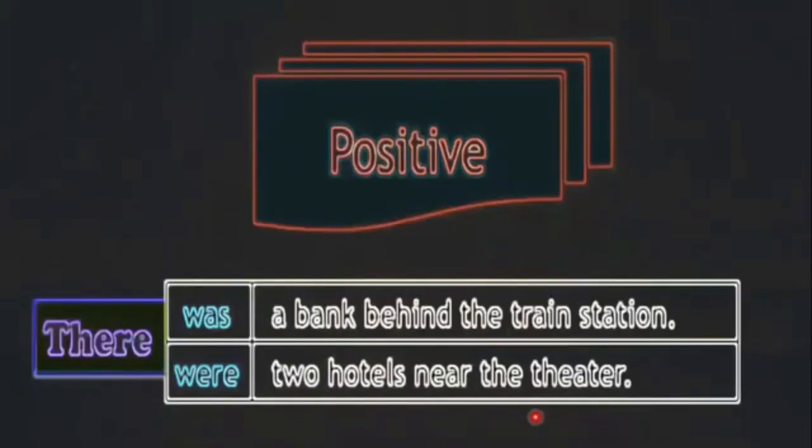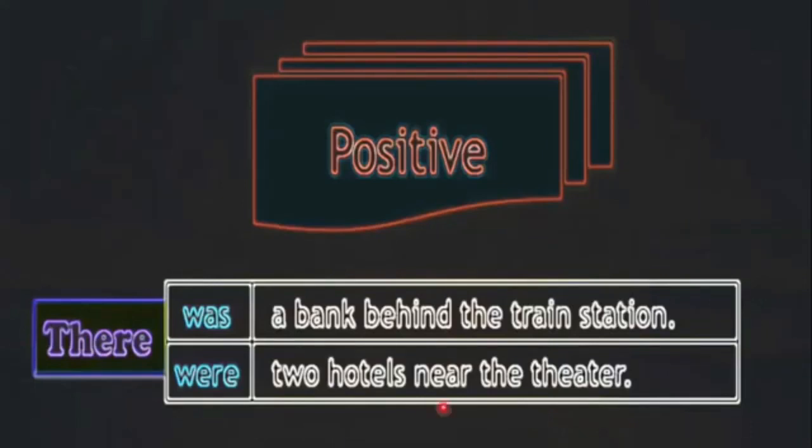Now here, my students, we will use there was and there were. What's the difference between there is and there are, and there was and there were? We use there is and there are in the present, but we use there was and there were to make sentences in the past.